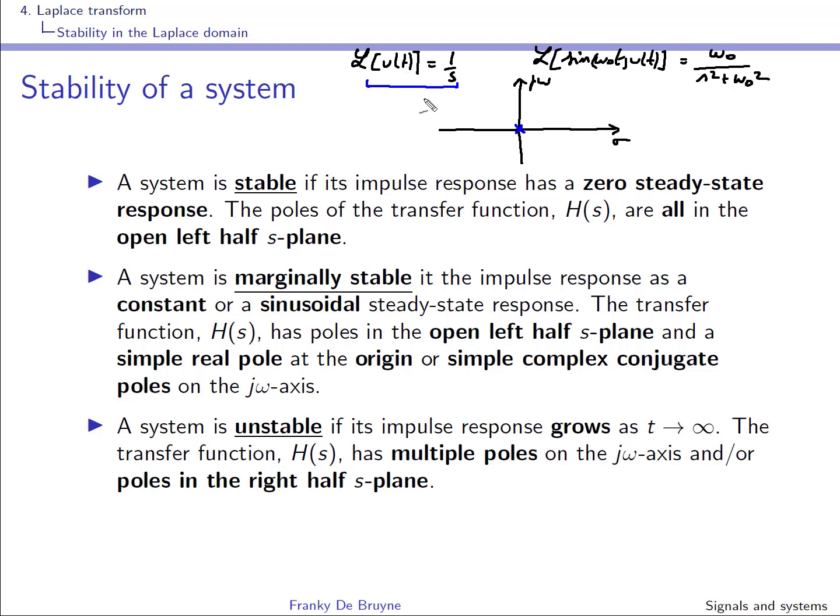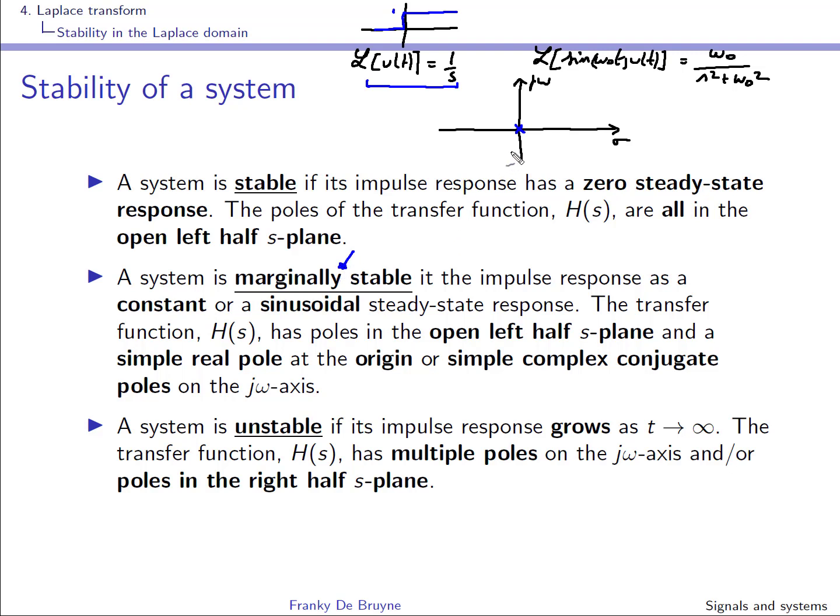And don't forget, in the time domain, if we show the unit step, we have something like this. This is 1 over here. It's not asymptotically stable, in the sense that it does not go to 0, but it does not grow unstable, so we'll call it marginally stable.